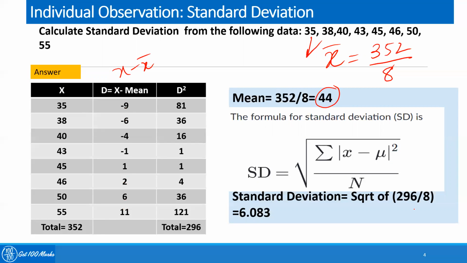If you add them, you will see the total is 0. So to avoid that, we square them. D square: 9 square is 81, and so on, and adding, the total value is 296. Therefore, the standard deviation is equal to the square root of 296 divided by the number of observations, which is the square root of 296 divided by 8, and the value is 6.083.